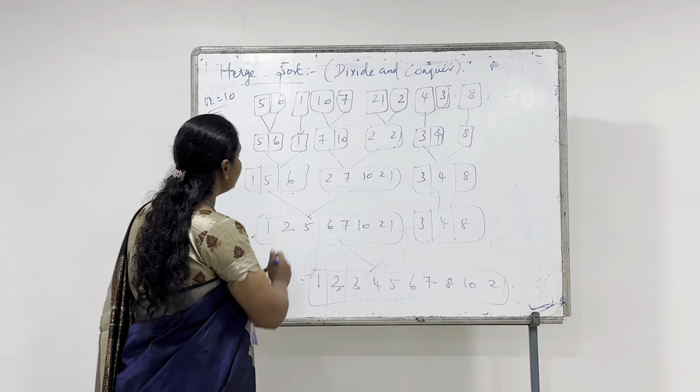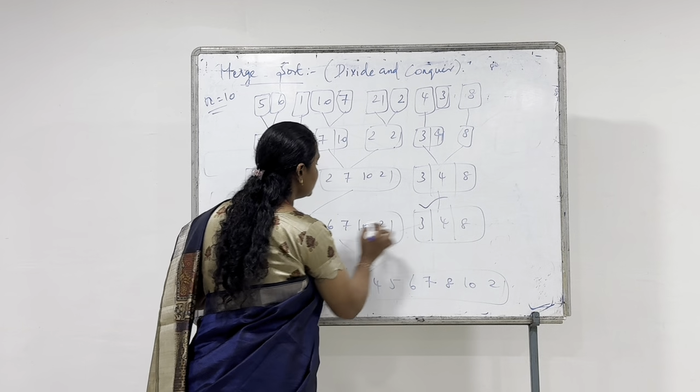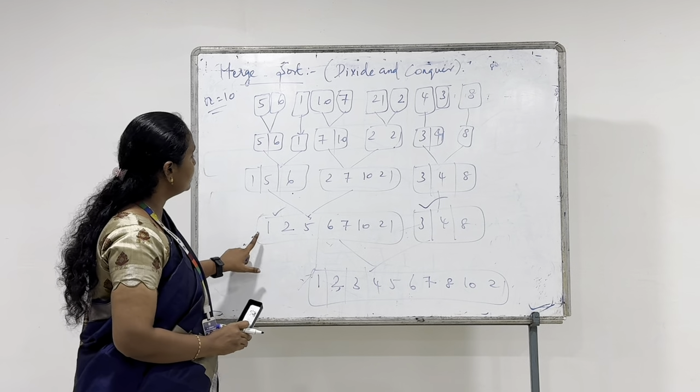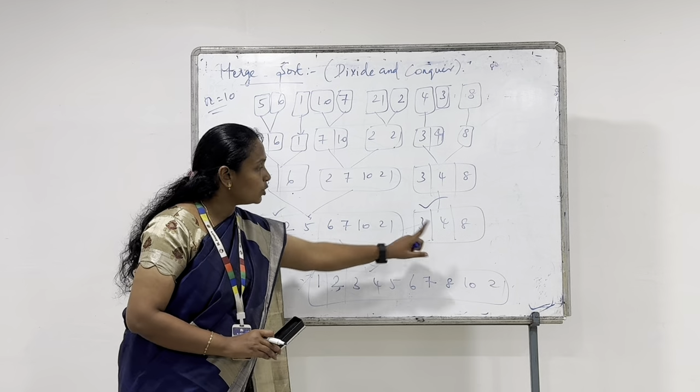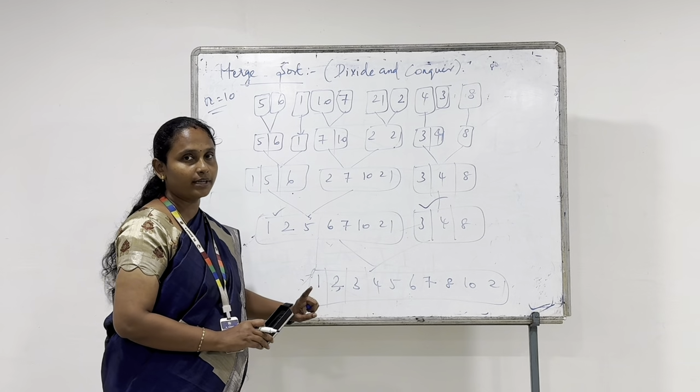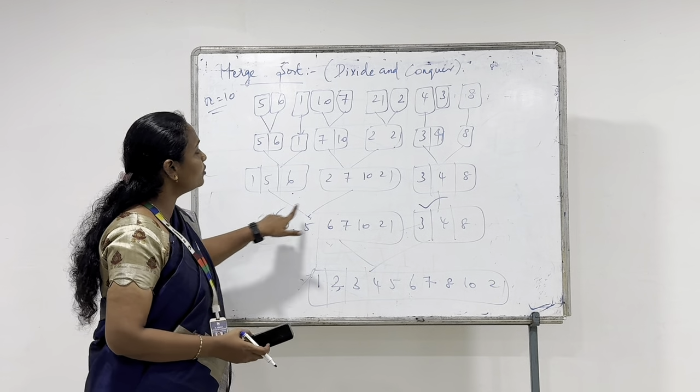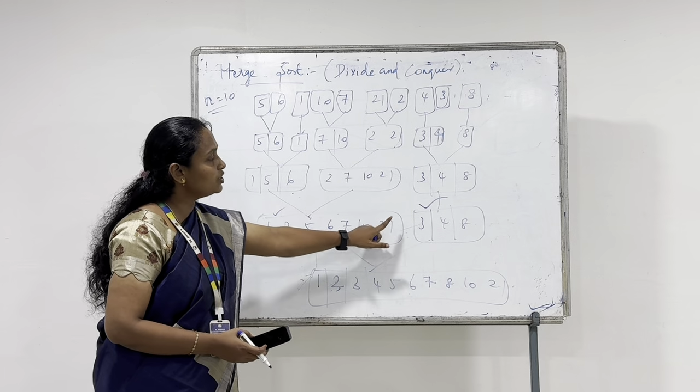For example, take these two arrays. We are going to implement these two arrays. So this is one sorted array and this is one sorted array. We are going to merge these two sorted arrays. We are going to perform the merge and sort here.